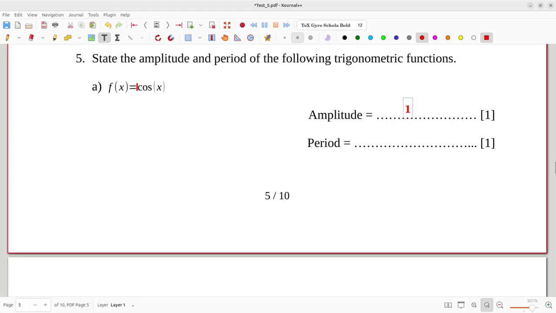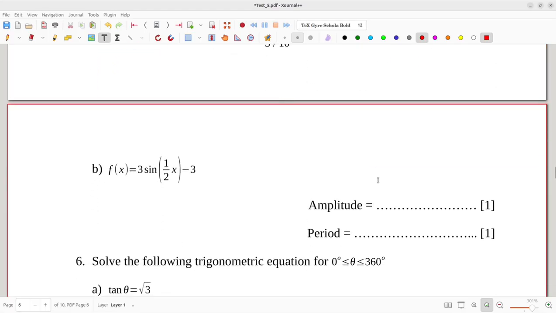The amplitude is 1. Then for the period you are going to take whatever is inside there and equate it to 360. In our case, you have your x. This should be equals to 360. And since it's already simplified, the period is just equals to 360.